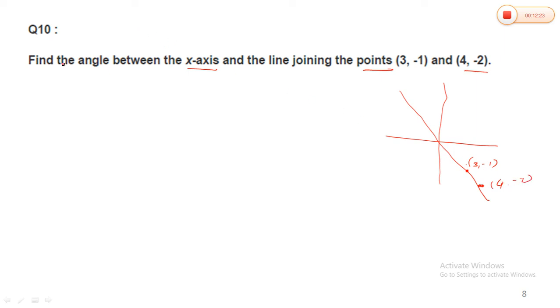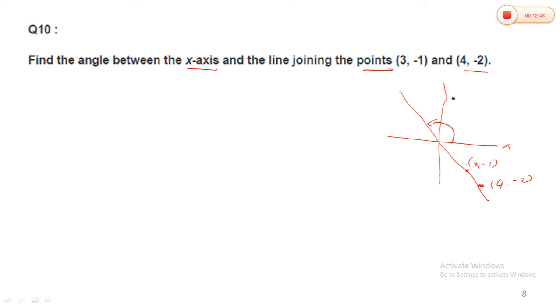So you are asked to find the angle between the x-axis and this line. The x-axis is here. You have to find this angle. So by nature it is an obtuse angle. As I told while discussing the concept of slope, if slope is negative, then the angle is obtuse, or conversely, if slope is positive, the angle is acute.